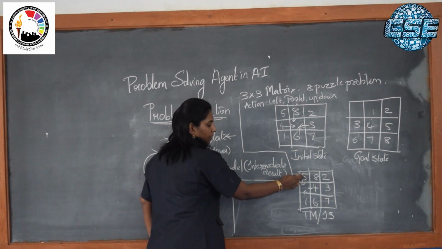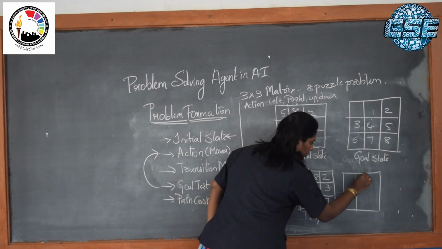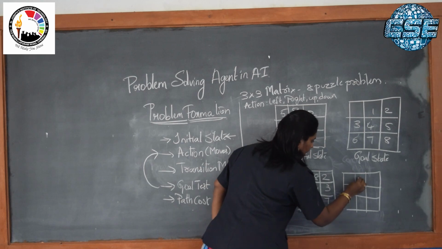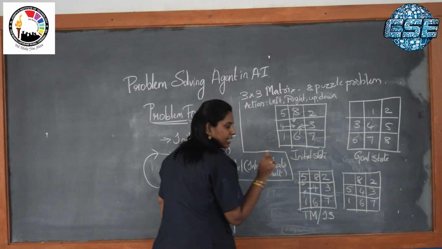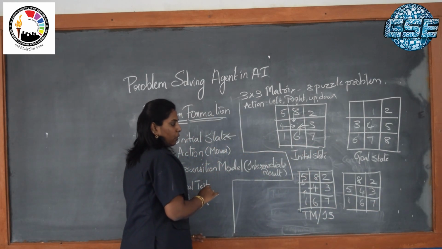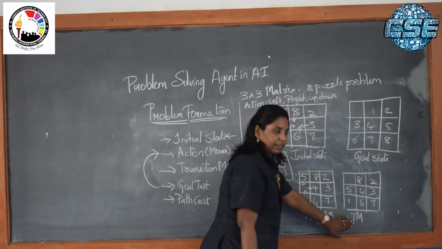If I push this 5 down here, my answer will be 8, 2, 5, 4, 3, 1, 6, 7. So one action I have performed, and this will be my transition model.